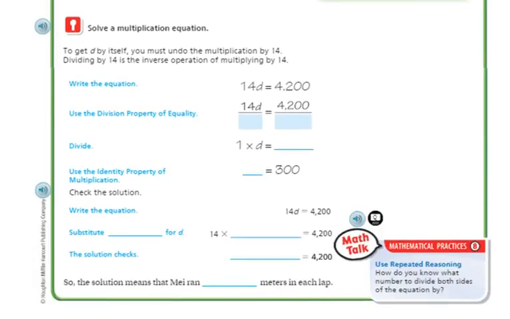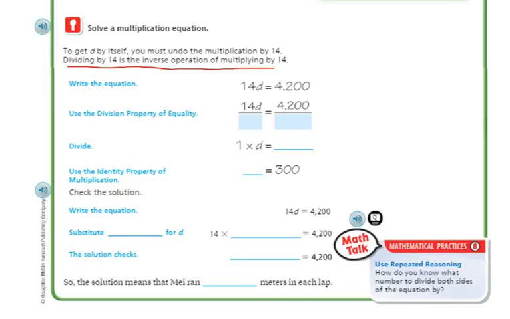Solve the multiplication equation. To get d by itself, you must undo the multiplication by 14. Dividing by 14 is the inverse operation of multiplying by 14. So we have our equation, 14d equals 4,200. This looks a lot like the second step of our proportion solving, where we always ended up with a number and a variable equal to something.